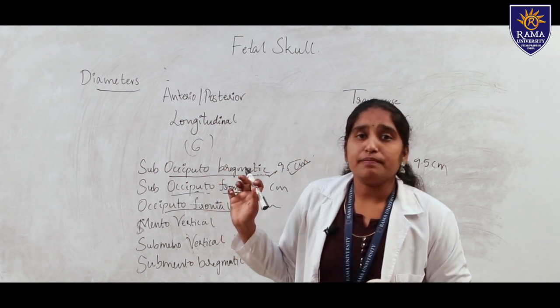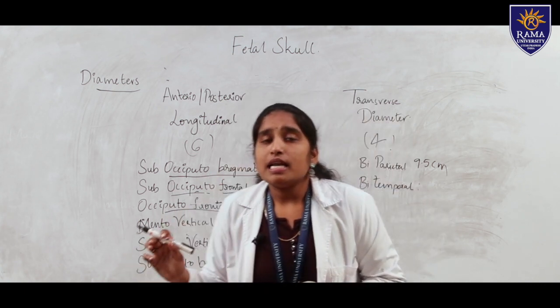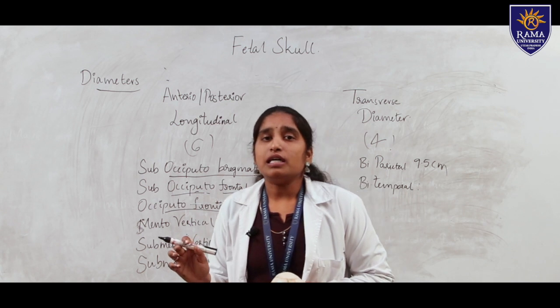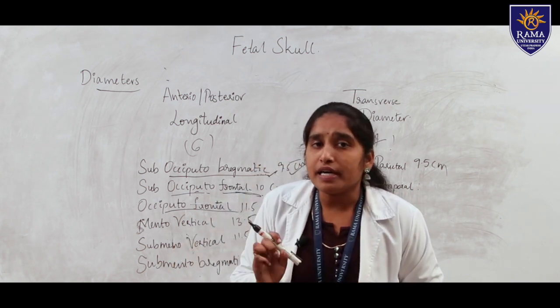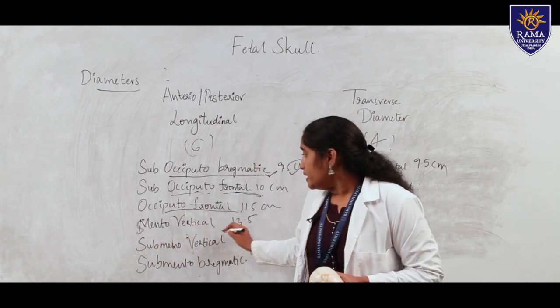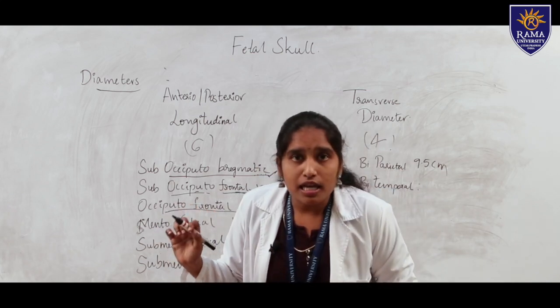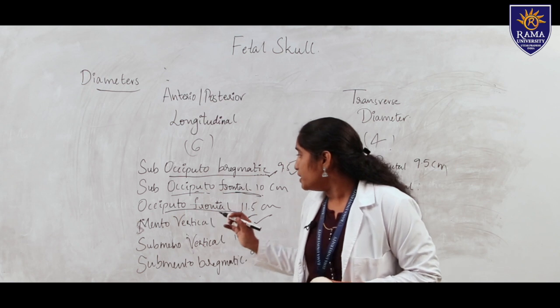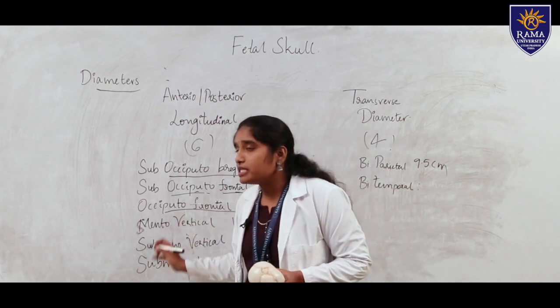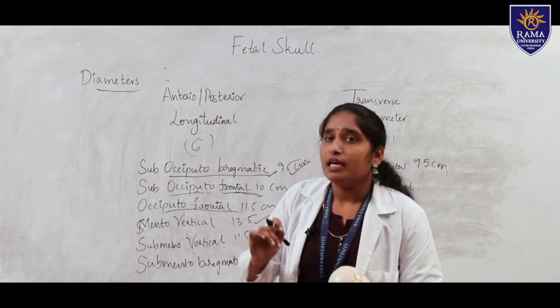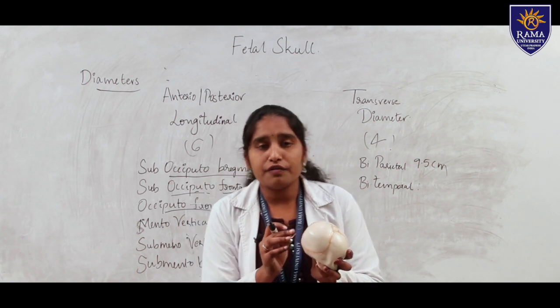And the next one is mento-vertical. It is the largest diameter of the fetal skull, and it measures about 13.5 centimeters.